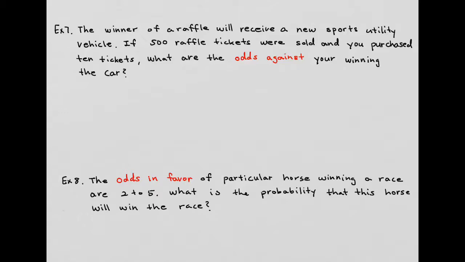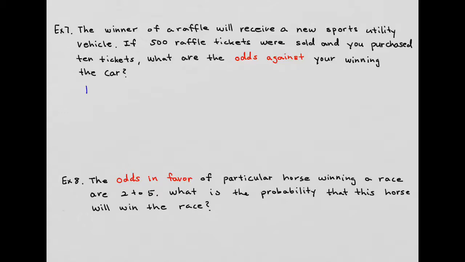Okay, so once we understand odds, let's look at different types of problems here. Example 7, the winner of the raffle will receive a new sports utility vehicle. If 500 raffle tickets were sold and you purchased 10 tickets, what are the odds against your winning the car? So we're looking at odds against this time. In order to find odds or odds against, you need to know the probability first.